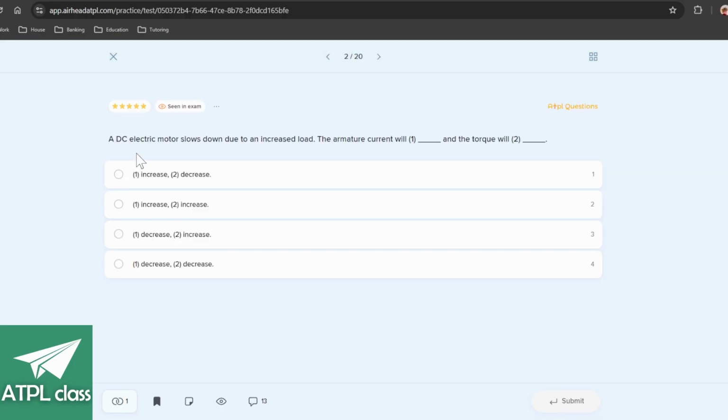A DC electric motor slows down due to an increased load. As in, yeah, cool. The armature current will what and the torque will what. So let's just bring this up.